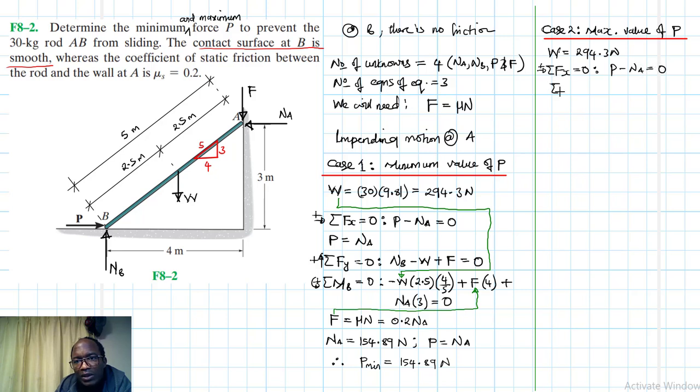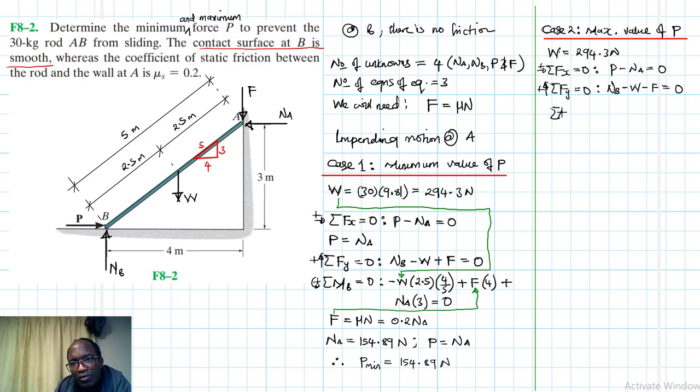And then we have summation of forces in the y direction. Nothing changes. Of course, we don't even need this, I'm just including it. NB minus W minus F equal to 0.